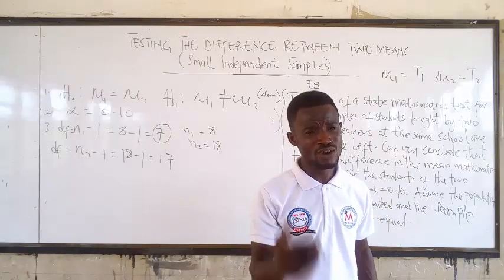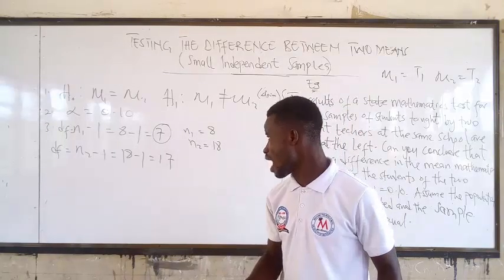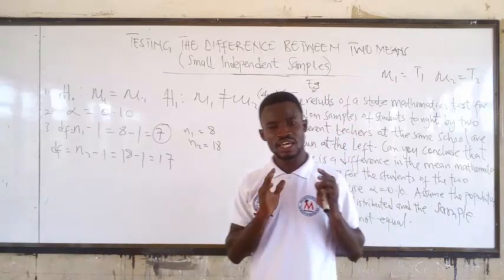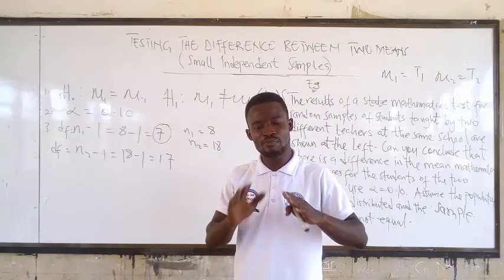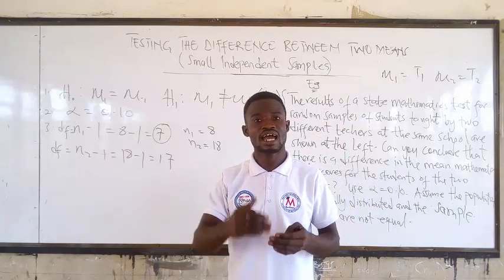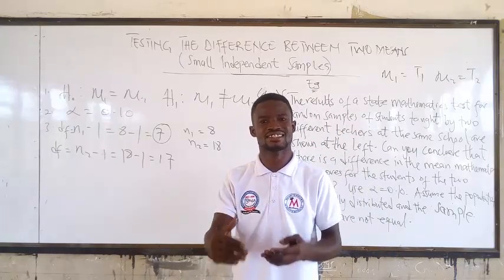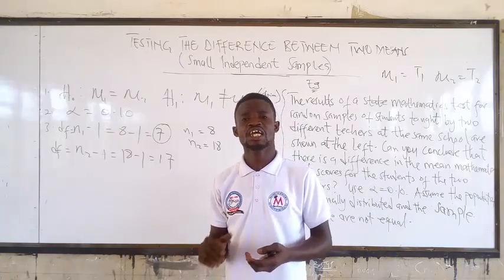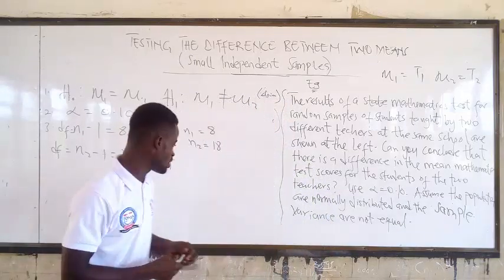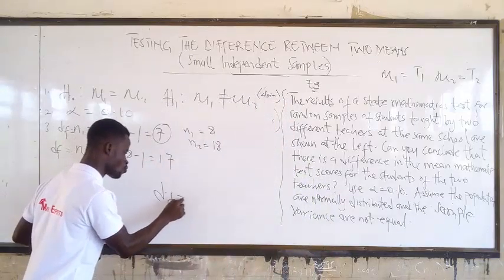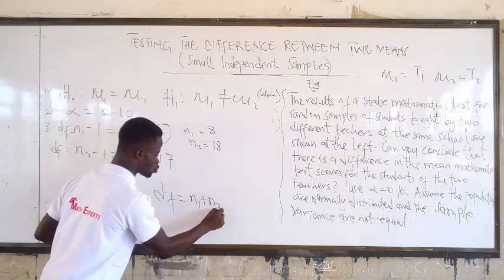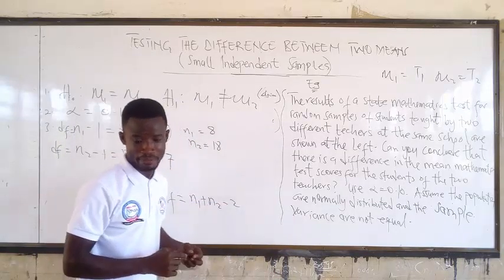Please, don't get me confused here. If, let's say, the population standard deviation is the same, that means that the degree of freedom will be n1 plus n2 minus 2. Is that also?